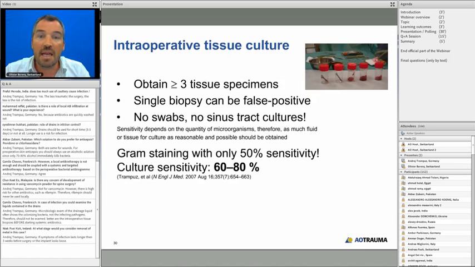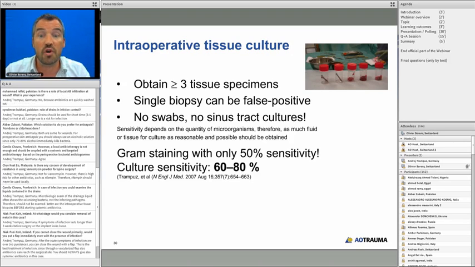Now, as I said before, it is of course extremely important to know if there's an infection, but we want to know as well what germ it is. So in order to know what germ it is, we have to get some tissue to send to the lab for our microbiologists to examine. If we take specimens, normally we should take at least 3 to 5 specimens.